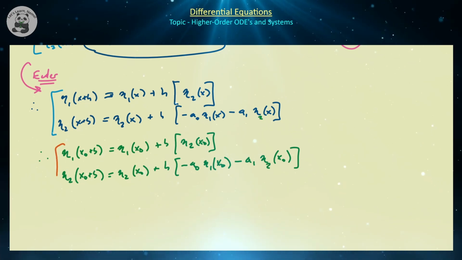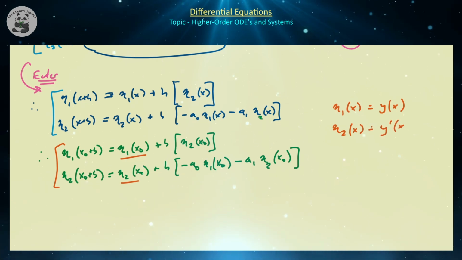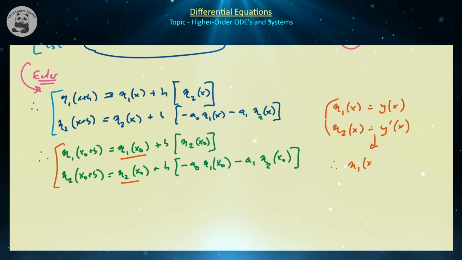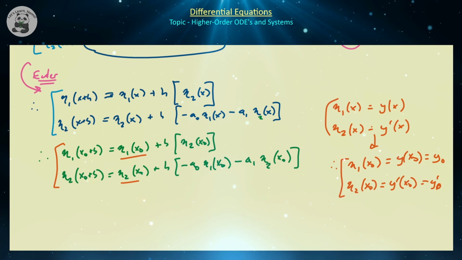And you're going to be like, well, do I really know what eta 1 of x0 is and eta 2 of x0 is? The answer is actually yes, because keep in mind, eta 1 of x is the same thing as y of x, and eta 2 of x is the same thing as y prime of x. So from these definitions, that means that eta 1 of x0 is the same thing as y of x0, which we define to be equal to y0, and eta 2 of x0 is the same thing as y prime of x0, which we define as y prime of 0, which we do know, right?